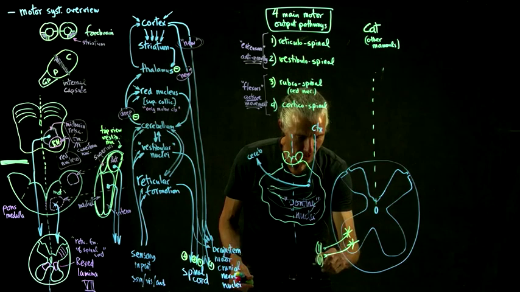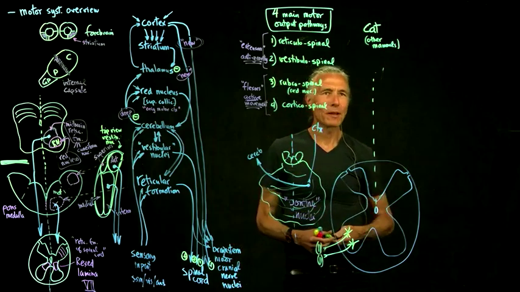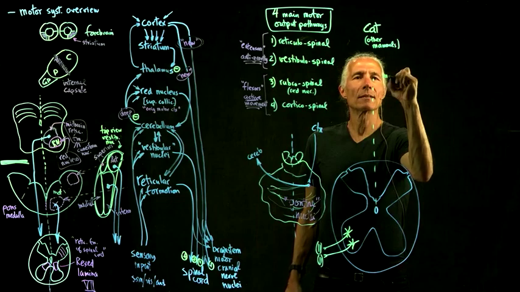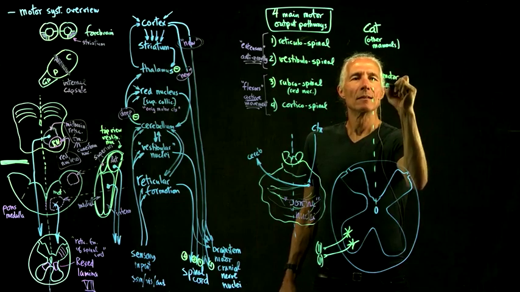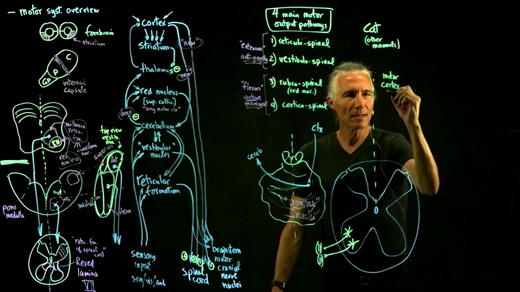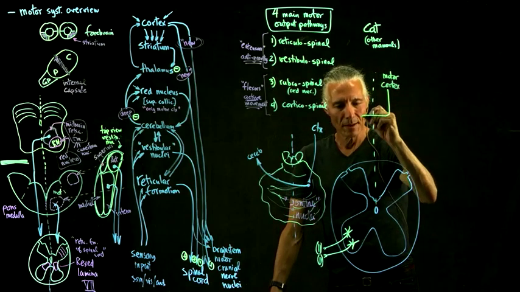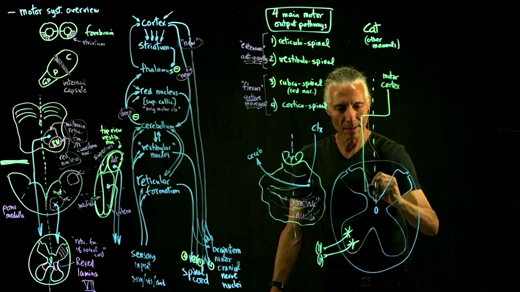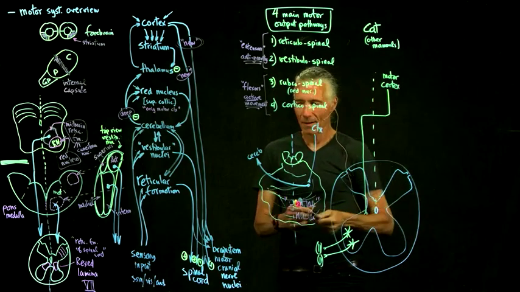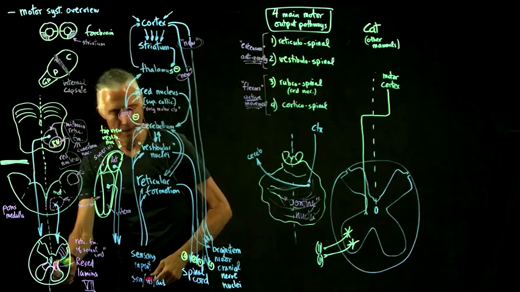If we look at the connections coming down to them from the cortex, here's motor cortex. They come down, and the motor cortex is past the pons midbrain junction, so they cross over, and then they come down. Where do they synapse? They synapse on that lamina 7 of this part right here.